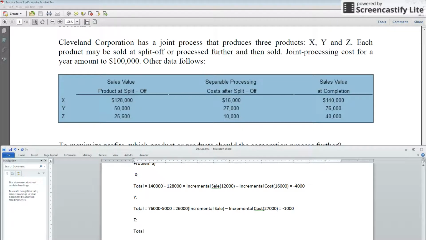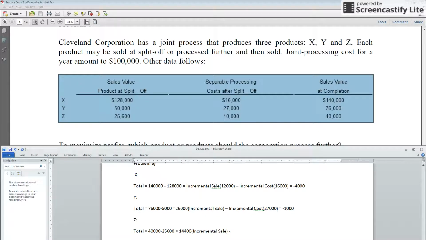For Z, I have 40,000 after processing, and 25,600 before processing. So this will add 14,400 as an incremental sale for me.